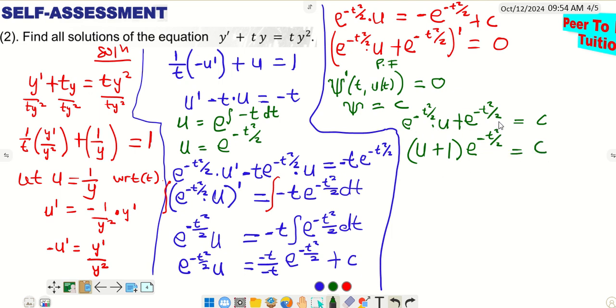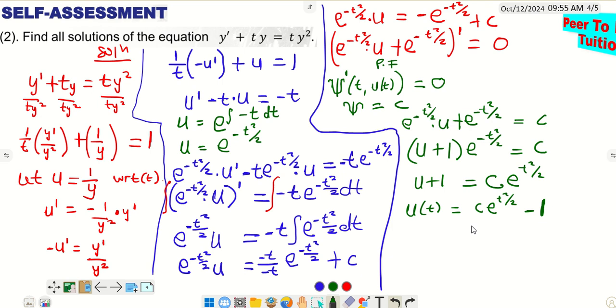That is, I have factorized e to the power negative t squared over 2 out. Then I can now divide through. If I divide through, it becomes u plus 1 should be equal to, when I divide here, it goes up to become c e to the power positive t squared over 2. Then my u, which is a function of t, will be equal to c e^(t²/2) minus 1.